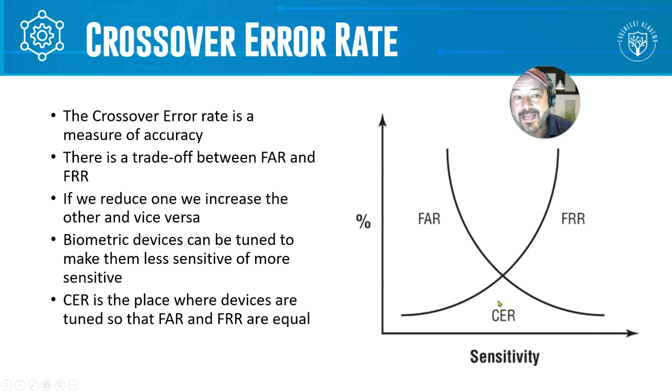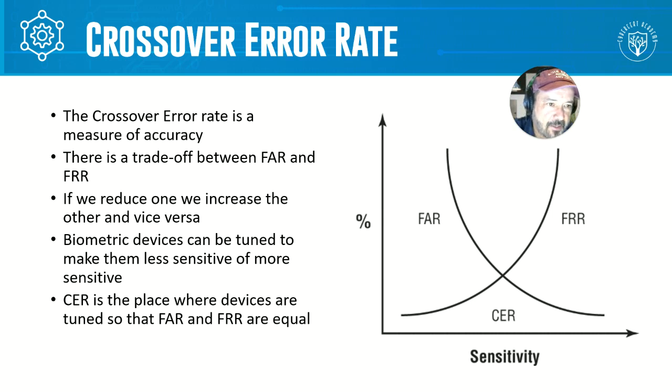So why do we care about the crossover error rate? We're not trying to tune it to the crossover error rate. Here's why we use it: it is a measure of the biometric system's accuracy. There is one crossover error rate that, if you could get it, you would totally be happy with, and that is the crossover error rate being 0, the empty set.